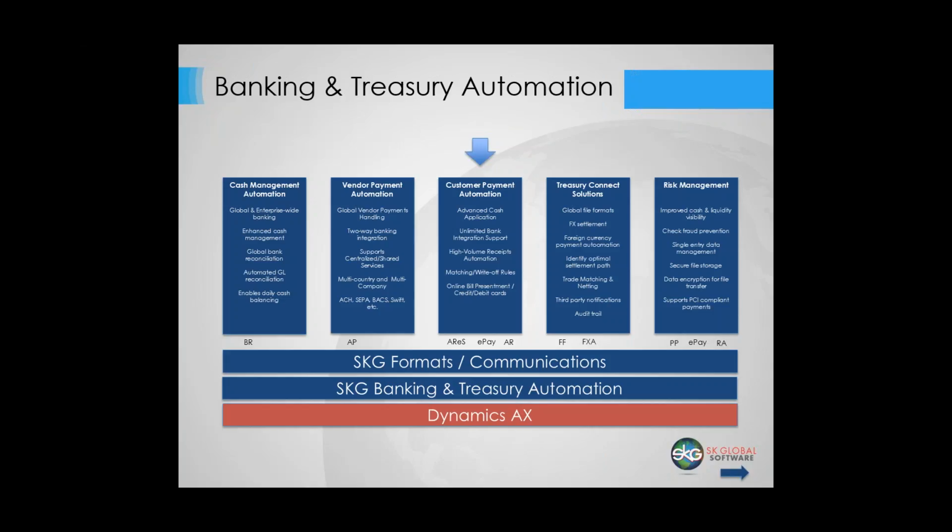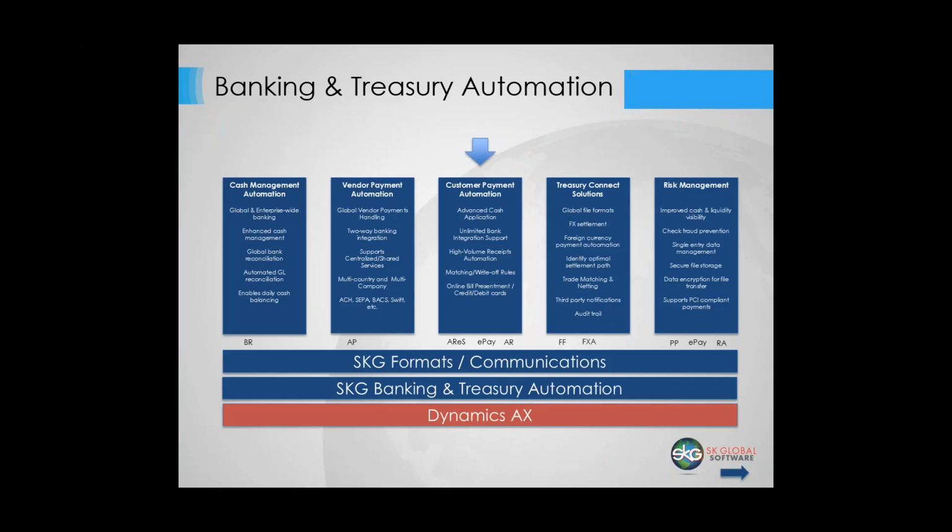We have the cash management automation area that deals with bank reconciliation. We have a webinar on that coming up, I think in a week or two, so stay tuned if you want more information about that. The second pillar deals with vendor payment automation, where you're paying your vendors out of the AP area. As you can see, we cover a lot of areas there.